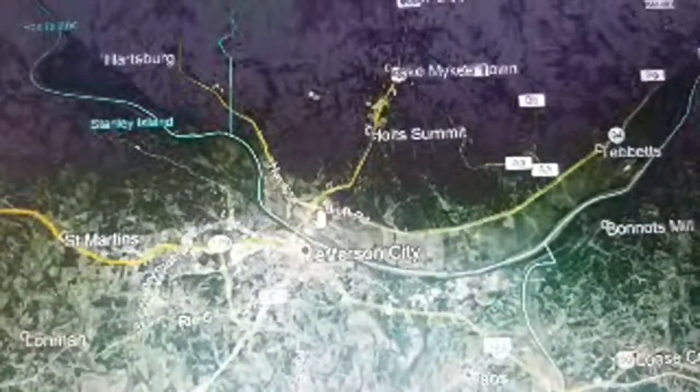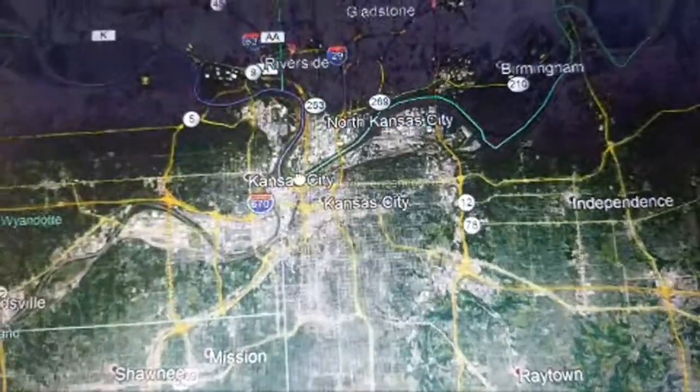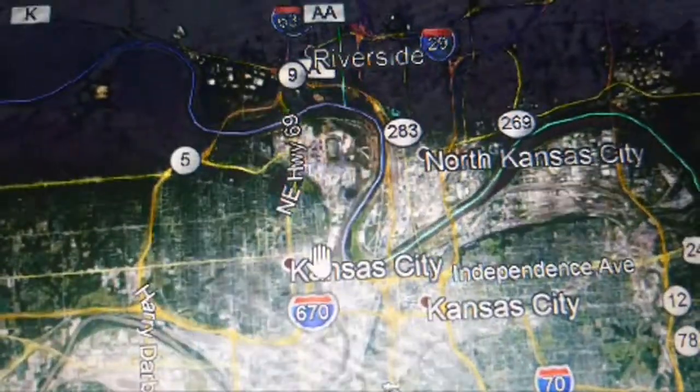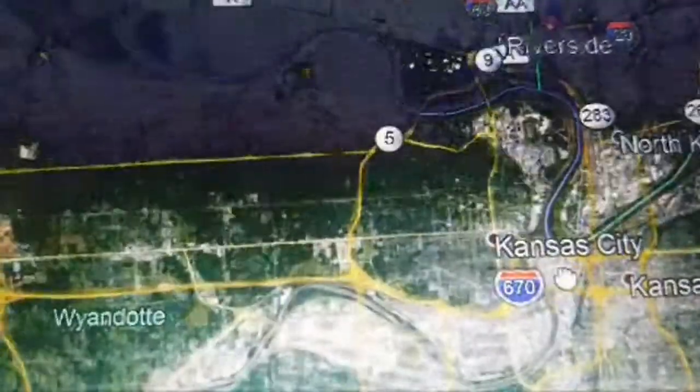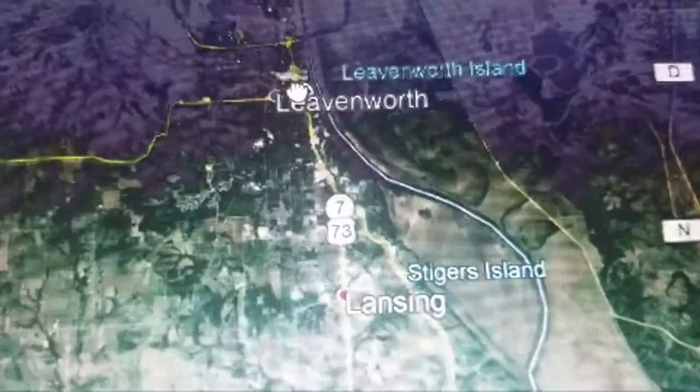The capital of Missouri is Jefferson City, not St. Louis, not Kansas City. Had to throw in a little hard there. But you've got the Missouri River snaking through here, and the Missouri River comes to Kansas City and forms part of the border between Missouri and Kansas. You see how it goes up to Leavenworth, Kansas.